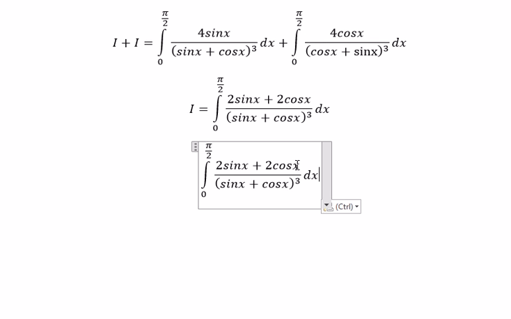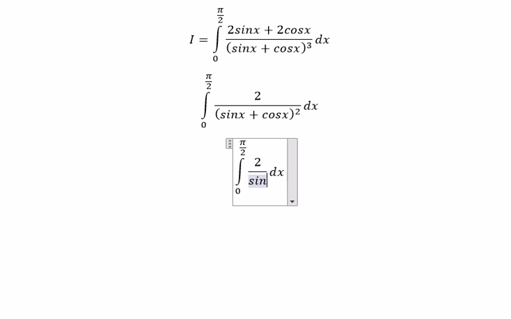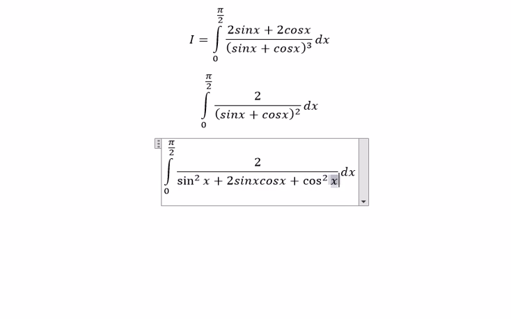Later we have sin s, cosine s. We simplify with sin s, cosine s in here. Next, this one we can put as sin s squared plus 2 sin s cosine s plus cosine s squared.